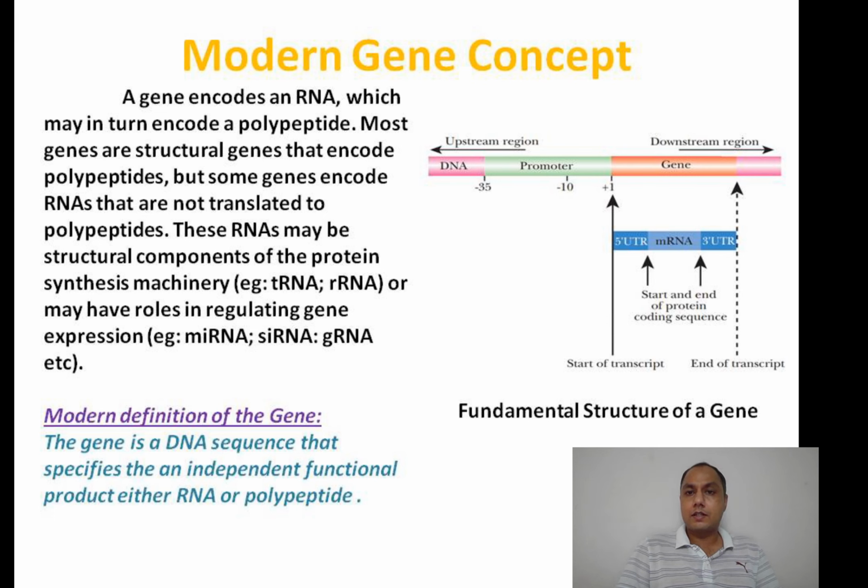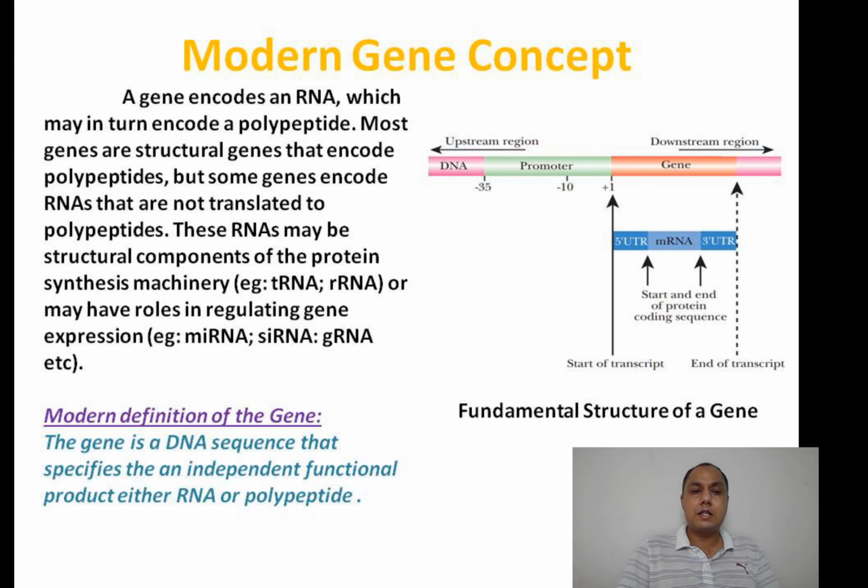So this side is called the downstream side and this side is called the upstream side. You can consider this particular part of the DNA, from -35 to this arrow, as the transcription unit, because it has the information for the start and termination of transcription. This is the coding part and that is the regulatory part called the promoter.